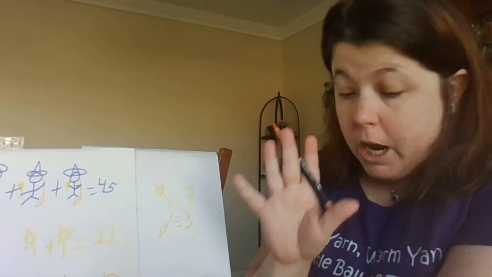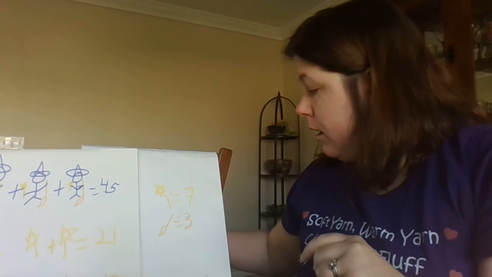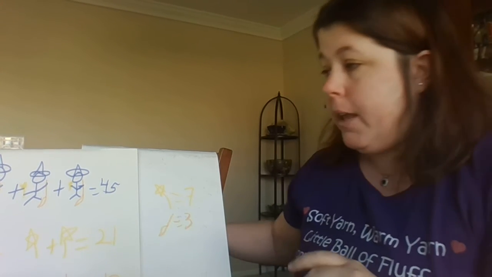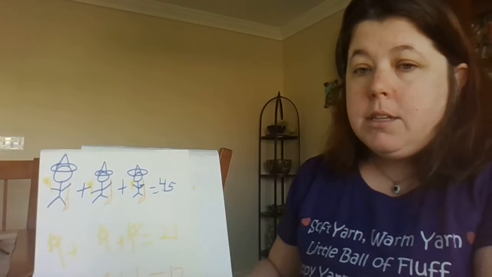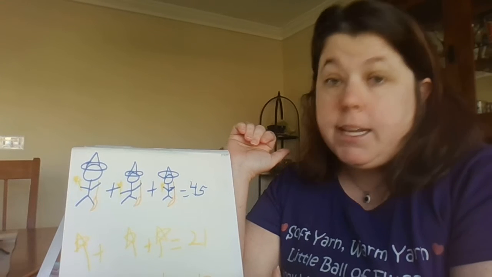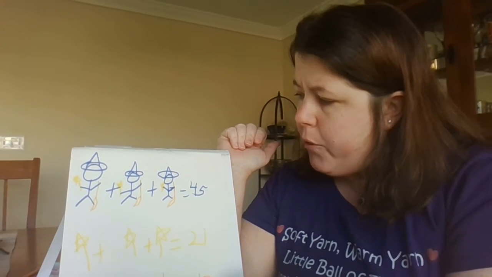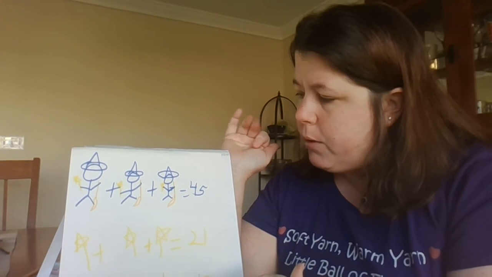Are you with me? All right, because this is where it gets really, really weird. This is the one that took me a few glances to figure out. So let's look at these witches. 1, 2, 3 witches equals 45, right? So 45 divided by 3, or 3 times what equals 45?